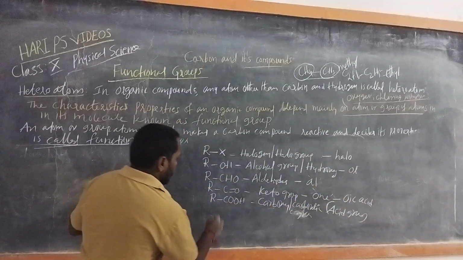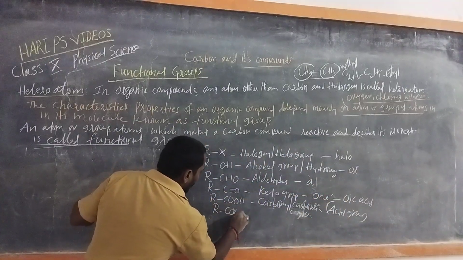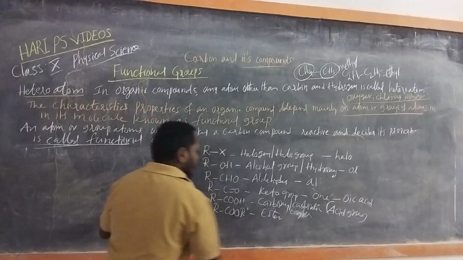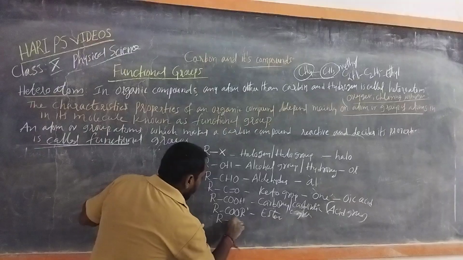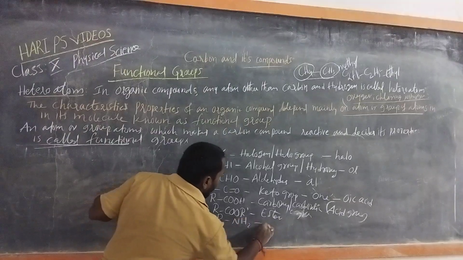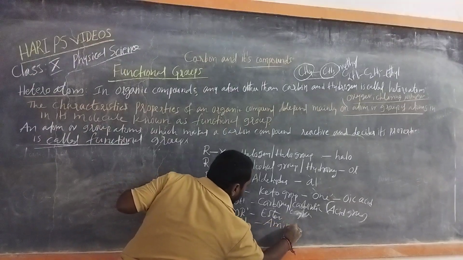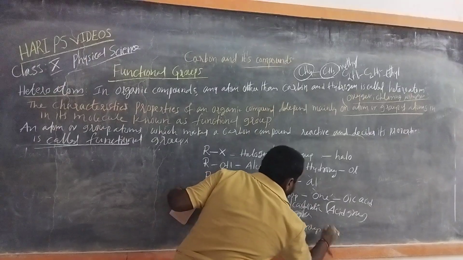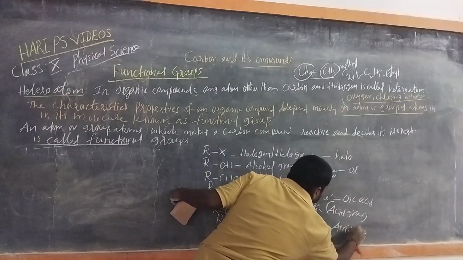Then RCOOR esters. RNH2 amines, the amino group.